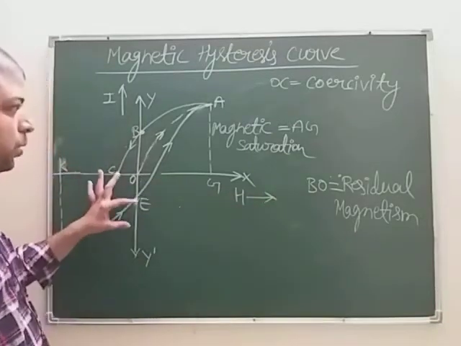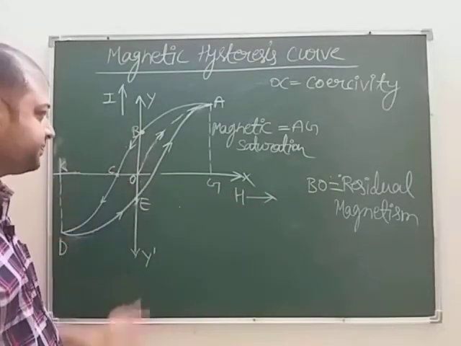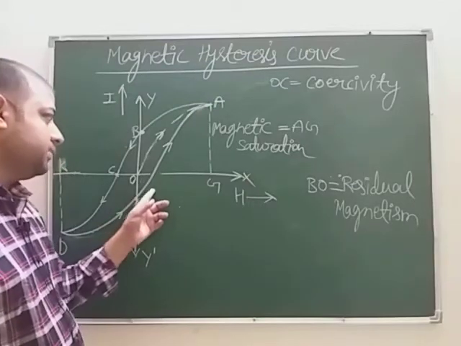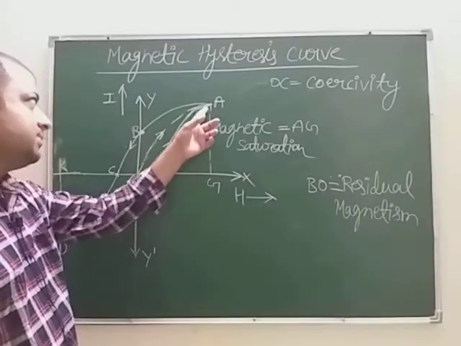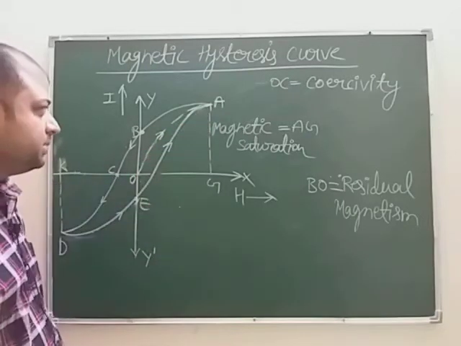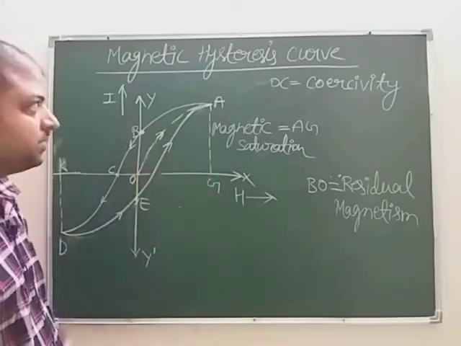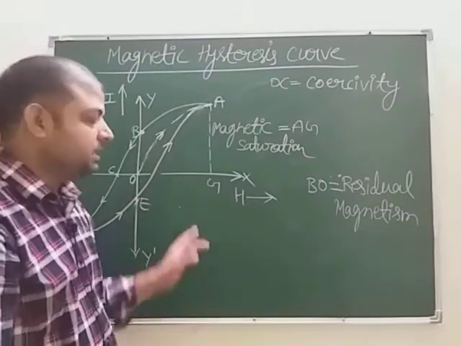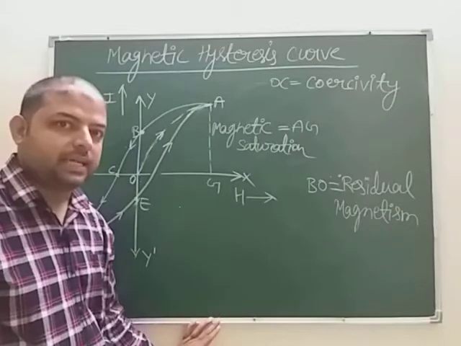Then we again increase the value of H. After some point, at point A, it will be in saturation mode, and the graph will repeat itself. So this is called the magnetic hysteresis curve, and this loop will complete itself again and again.